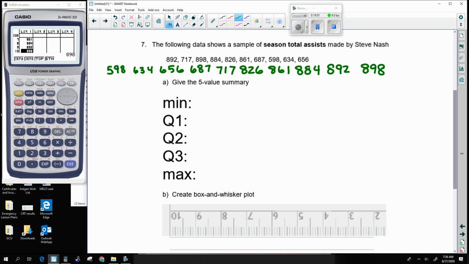Okay, 10 numbers: 1, 2, 3, 4, 5, 6, 7, 8, 9, 10, compared to 1, 2, 3, 4, 5, 6, 7, 8, 9, 10. Okay, we're good to go.